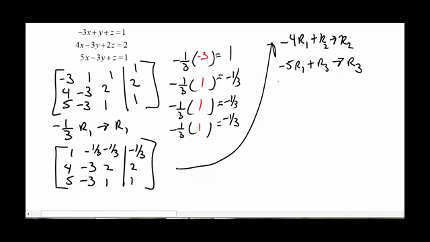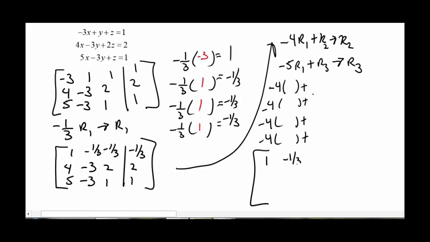All right, so let me set this up. So -4, I got 4 combos of this. Only row I did not mess with is row 1. Let's see.